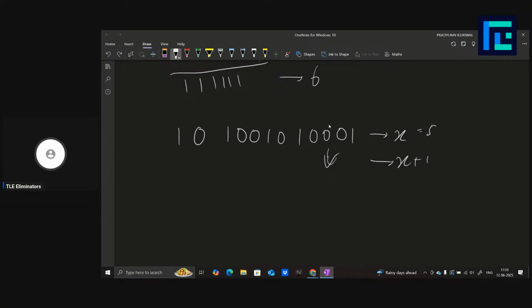Okay, how do I explain this? Let me just think about it. So see, initially we have just 5. Okay, 1 2 3 4 5. Now we want another one to increase, right? Just 1 minute.